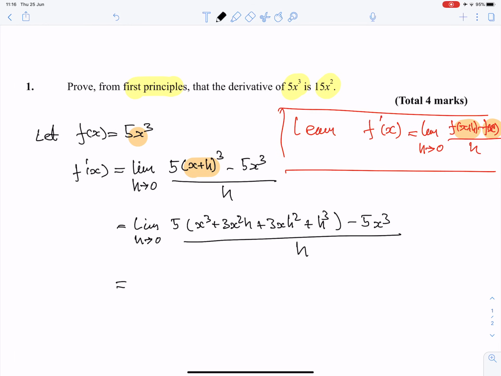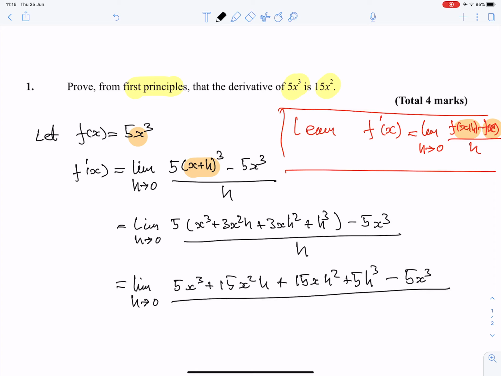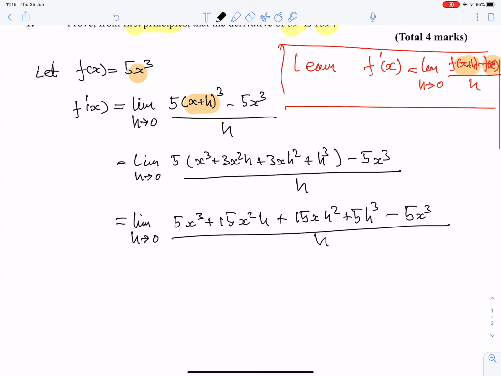So if we tidy that up, the limit as h tends to 0, expanding the bracket, gives 5x cubed plus 15x squared h plus 15xh squared plus 5h cubed minus 5x cubed all over h.